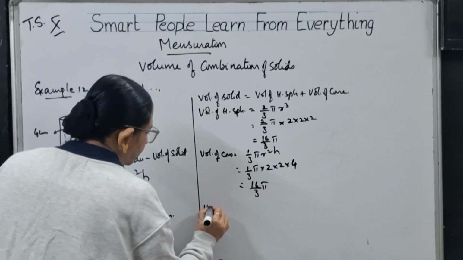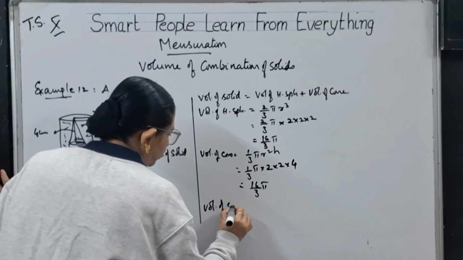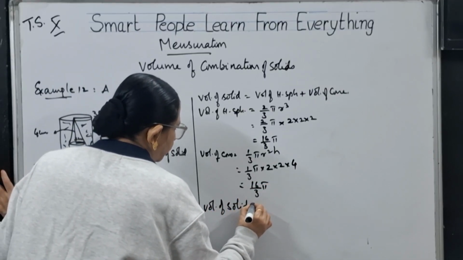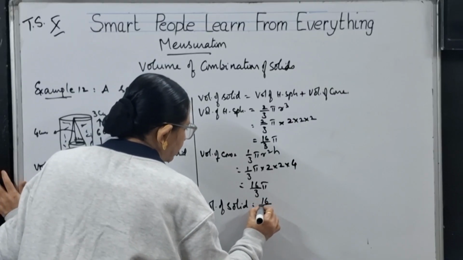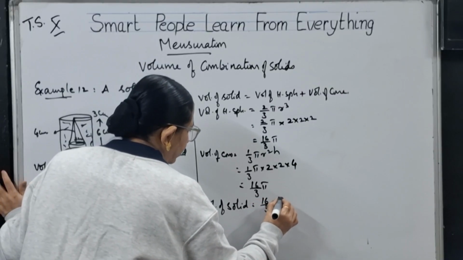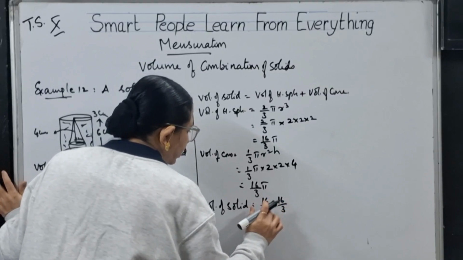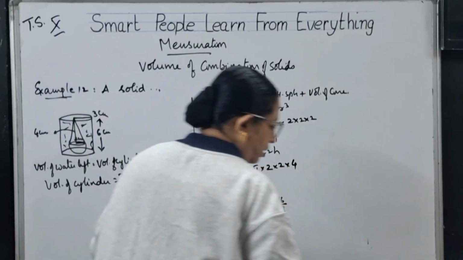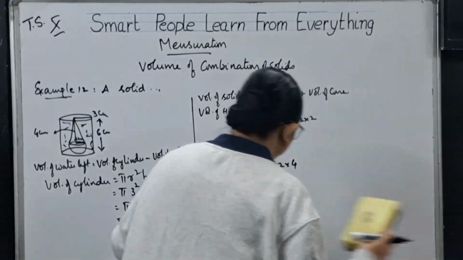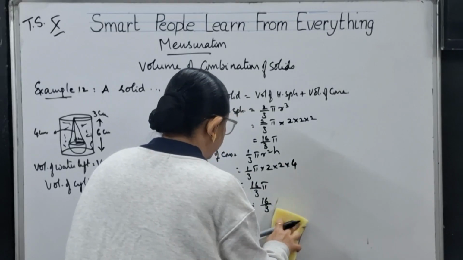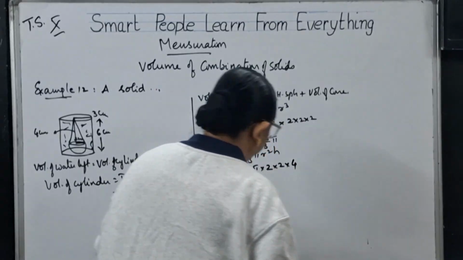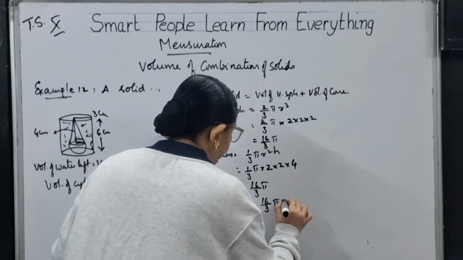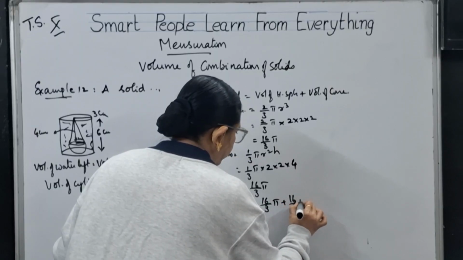So volume of solid. What is volume of solid? Volume of solid is 16 by 3 pi plus 16 by 3 pi.